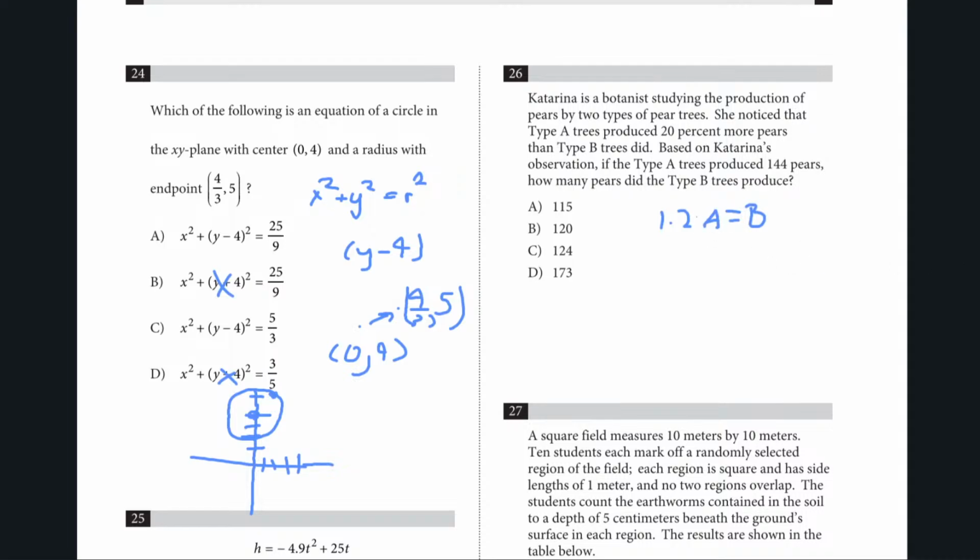No, 1.2 times B is equal to A. There we go, that's the correct equation. So we have 1.2 times B is equal to A, and we know A is equal to 144. So let's divide both sides by 1.2. And that gives us 144 divided by 1.2 is 120.